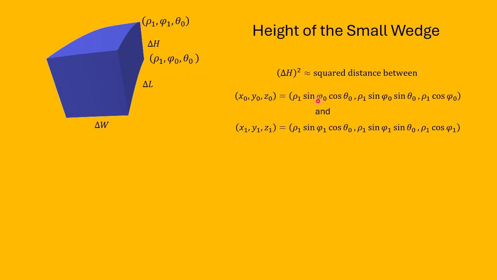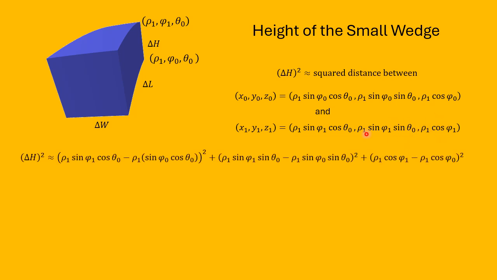This stuff is x naught, this stuff is y naught, this stuff is z naught, and down here, this stuff is x sub 1, this stuff is y sub 1, this stuff is z sub 1. So we're going to look at the difference of these first coordinates quantity squared plus the difference of these second coordinates quantity squared plus the difference of these third coordinates quantity squared, and that is what we have written out here in gory detail.